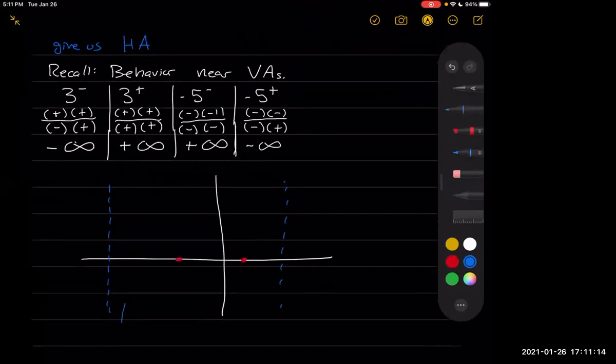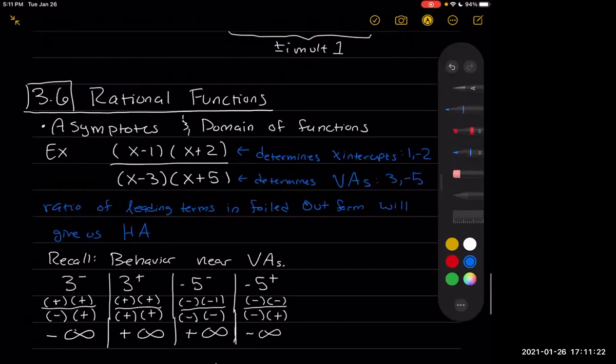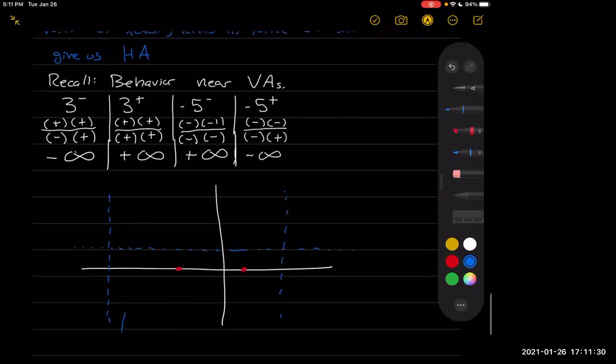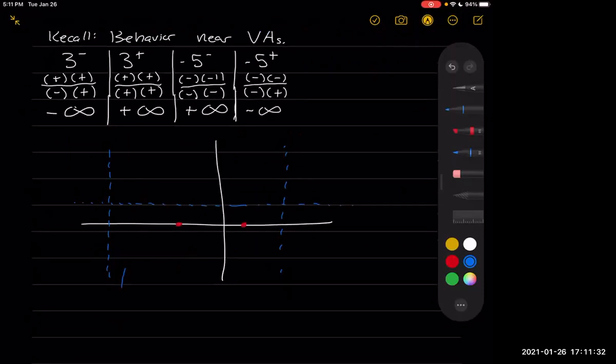Oh, and then there's a horizontal asymptote at 1 because of the ratio of our leading terms. If you were to multiply out, you'd get an x squared over an x squared, so that's going to be a 1. So that means our graph looks like this, this, and this.